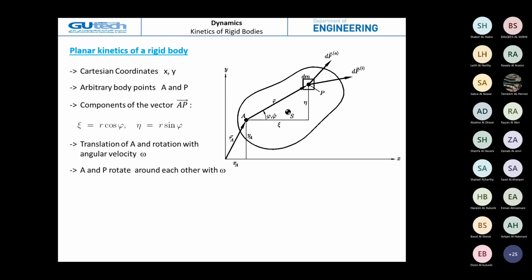We have this rigid body and we take an arbitrary point or mass. We denote it by dm. Then we have the point A on this body, and the dm here we denote by the point P.